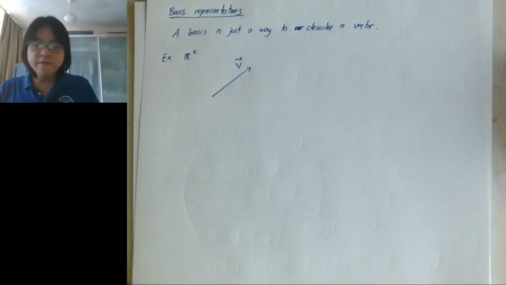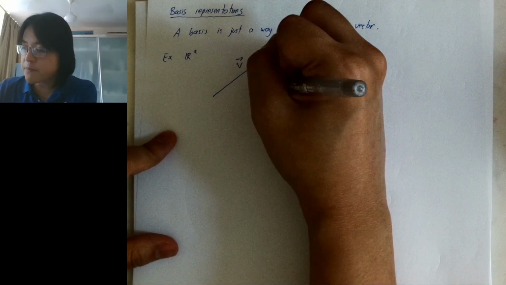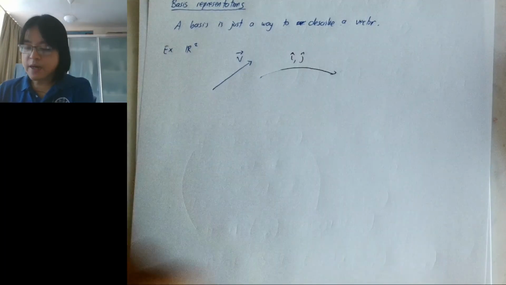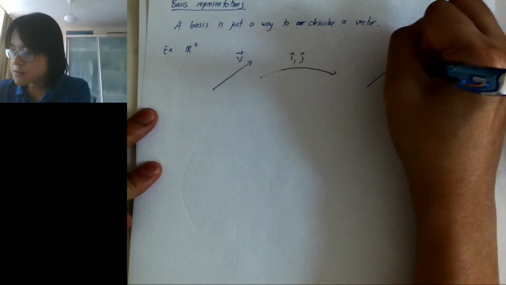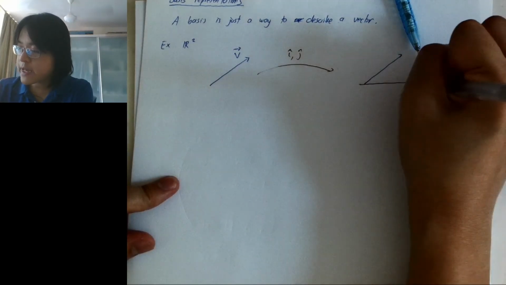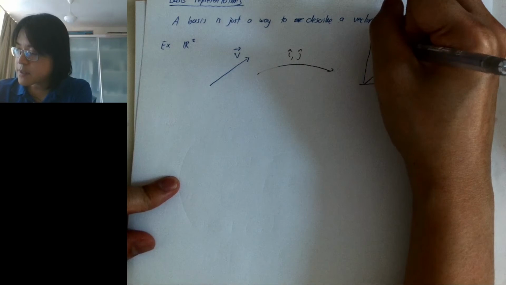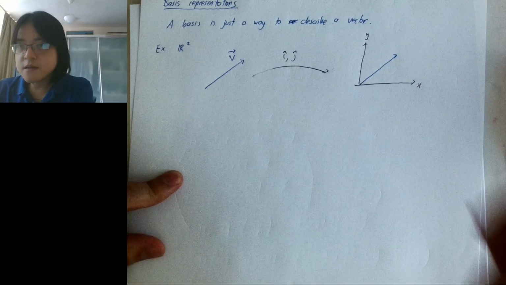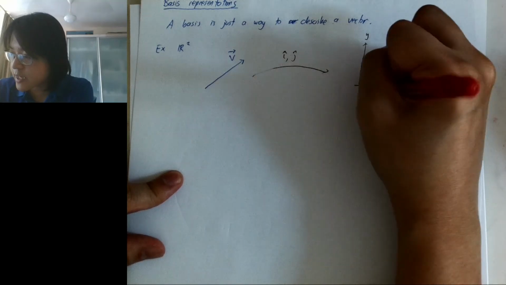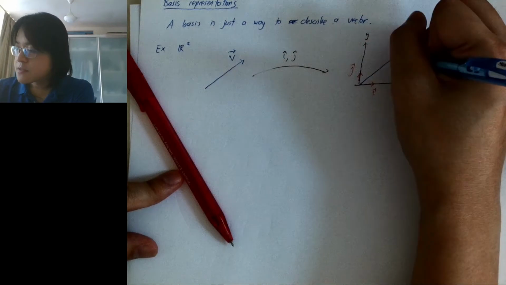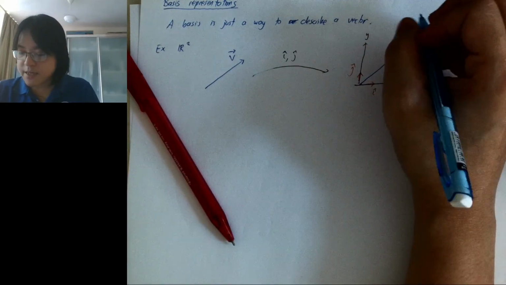So for example, if you choose a basis i, j, I take the horizontal axis as my x coordinate, and this as my y coordinate. My unit vector along this direction is i, and my unit vector along this direction is j. Let's take a random example.